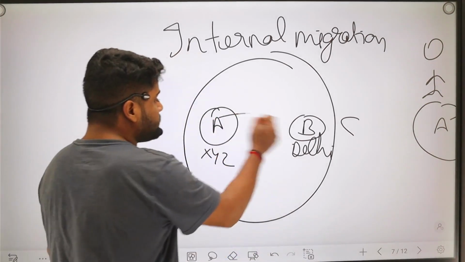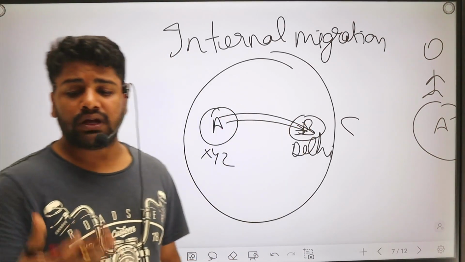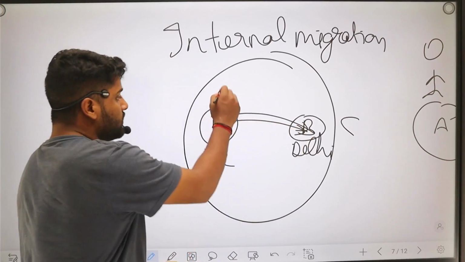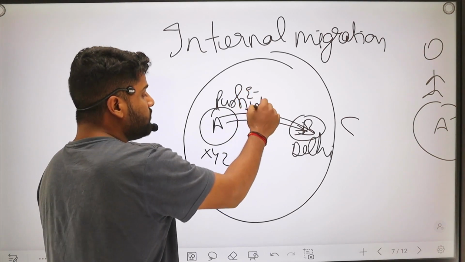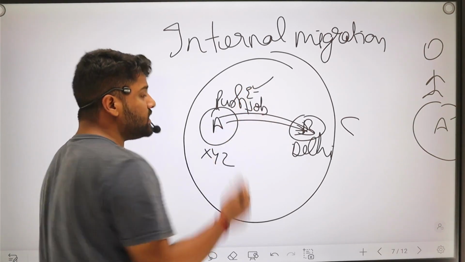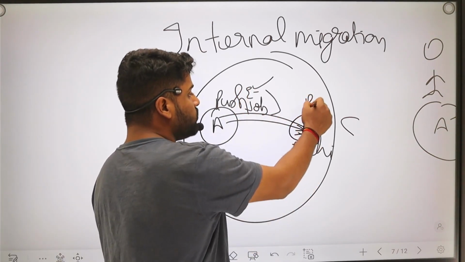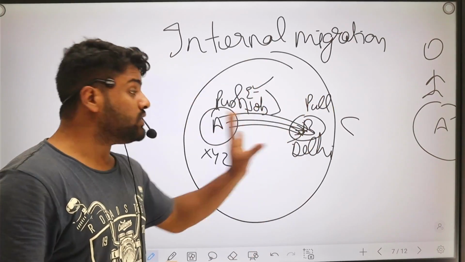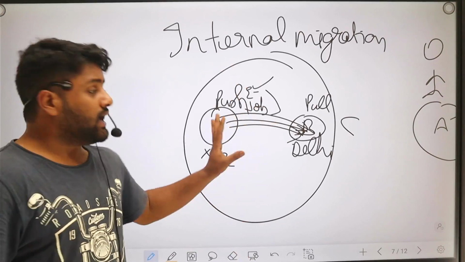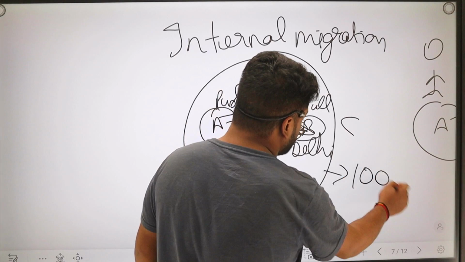So in seek of better job or education, some student or youth from point A has a push factor, which will be education and job. He wants a better job and better education. Delhi has both these things, so these will be the pull factors. If someone within a country is changing position, that is called internal migration. In this, suppose the population is 100, it won't change, it will be 100.